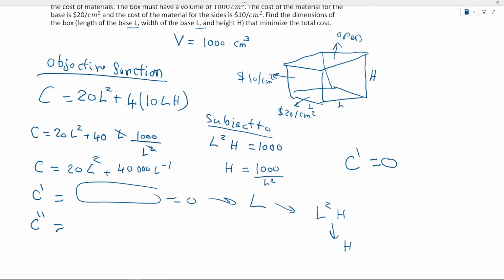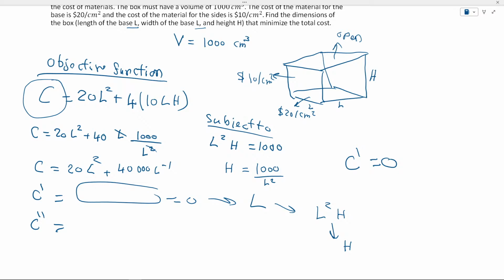Once you know L and H, you can substitute in your cost function to find the minimum cost. If you want to check whether this L value is a local minimum or not, you substitute it in your second derivative.